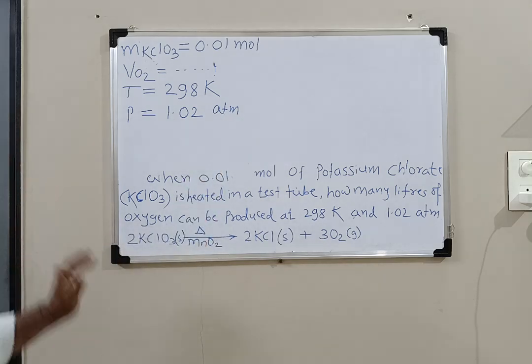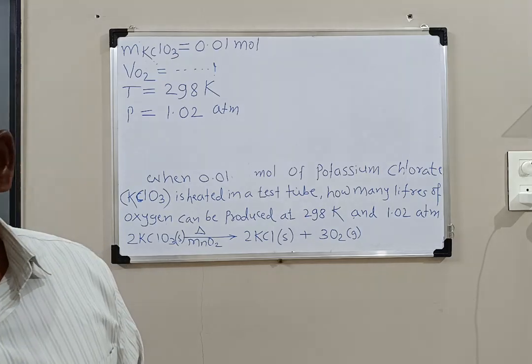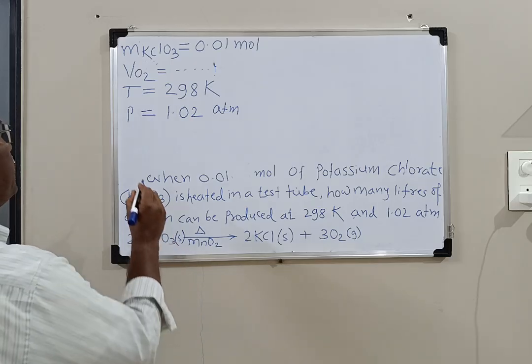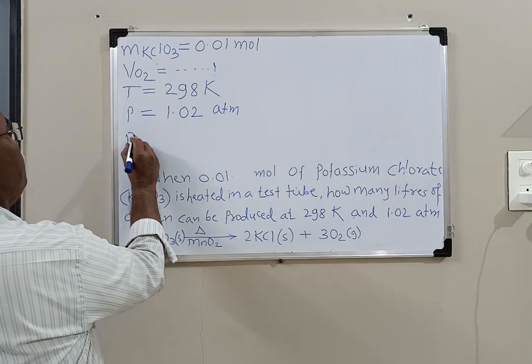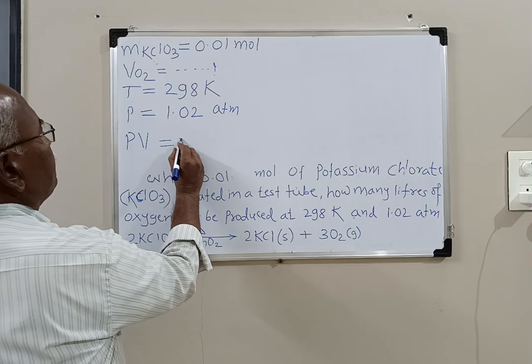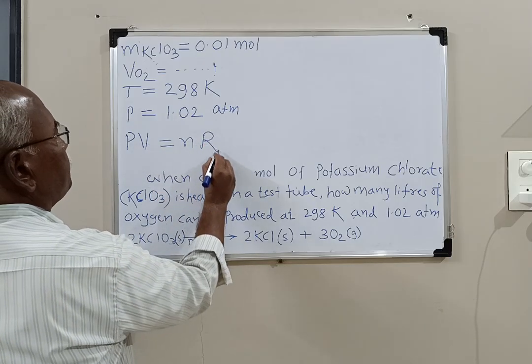We have to solve this problem. So, for this problem, we are going to use the relation PV is equal to nRT.